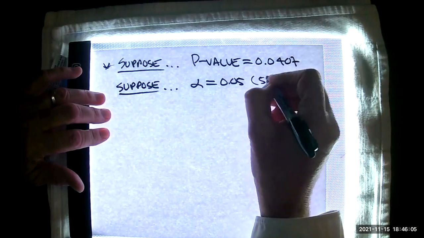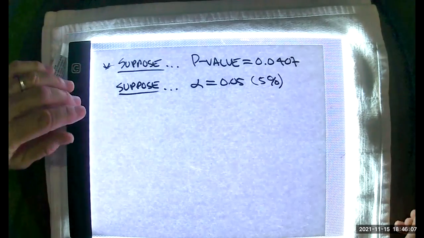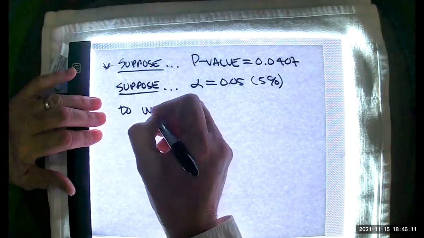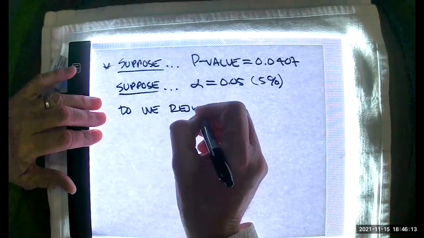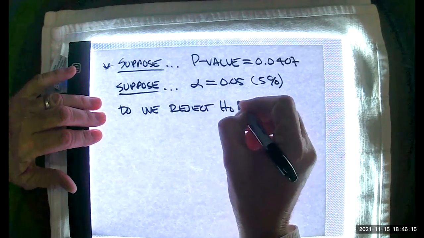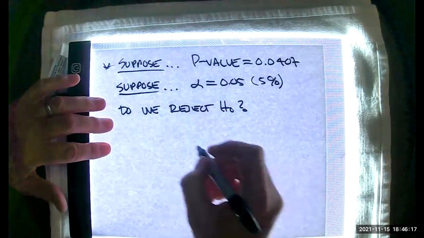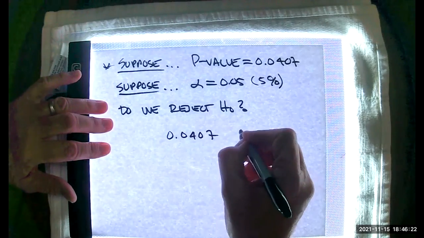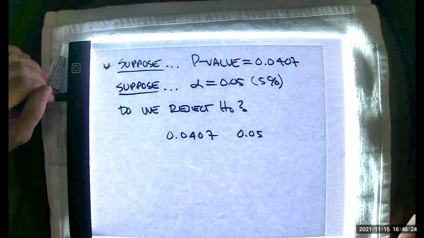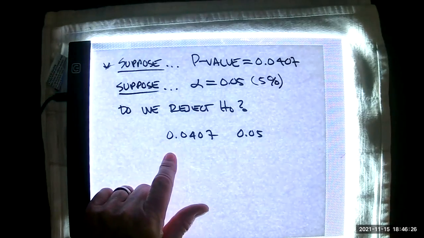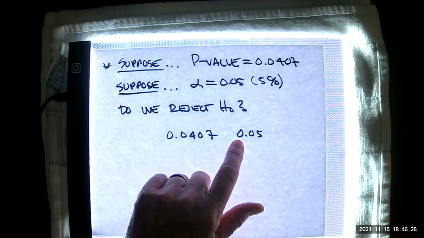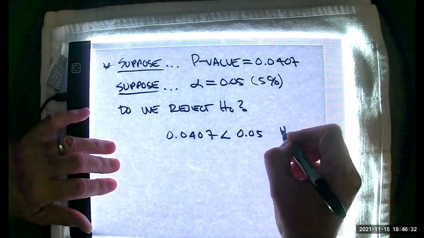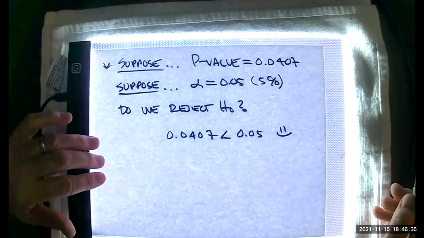So the question is, do we reject the null hypothesis? I have to compare my p-value 0.0407 to 0.05 to figure out if my p-value is less than or equal to the alpha. And it is strictly less than. So yes, my p-value is less than my alpha.